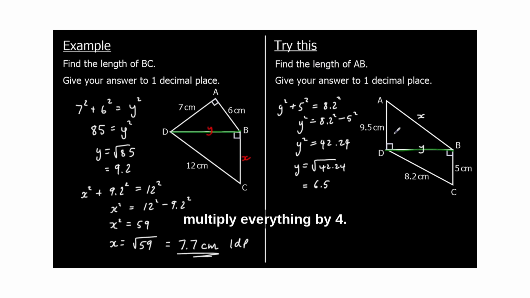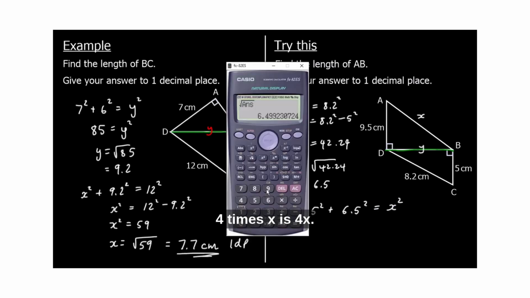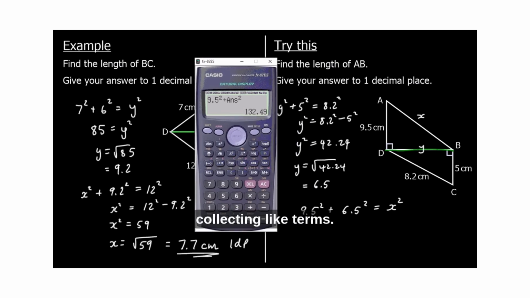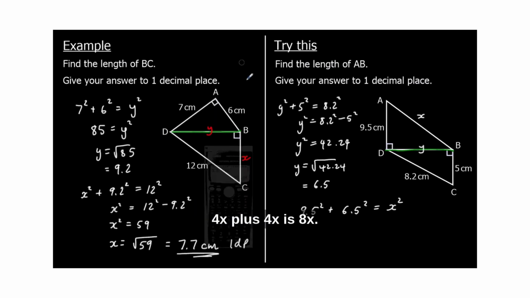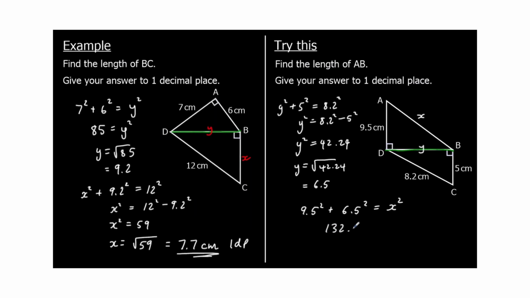Then for our second triangle, the top triangle, we're working out the hypotenuse, the longest side. So we know that 9.5 squared plus our 6.5 squared equals x squared. So 9.5 squared plus the answer squared equals x squared. So 132.49 equals x squared.